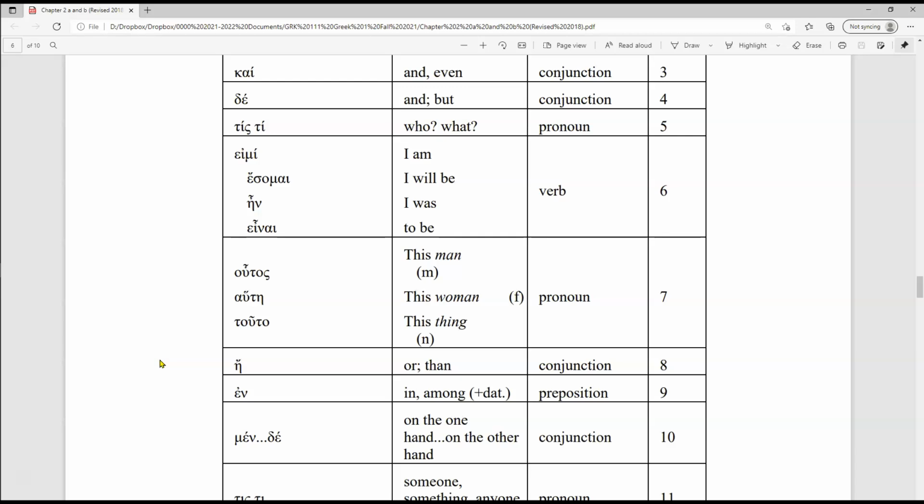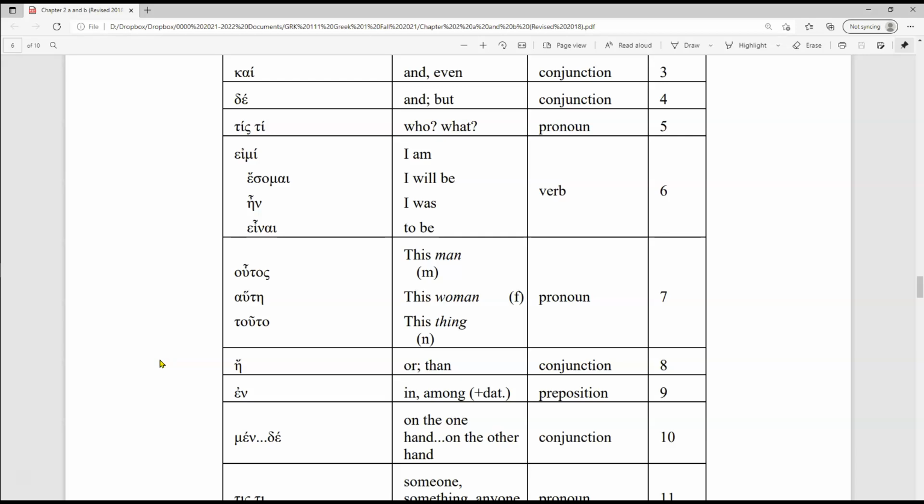So if you make a men de argument, on the one hand this is true, on the other hand this is true. So de is more than and, but it's less than but. It's somewhere between and but. And we don't have a word like that in English.